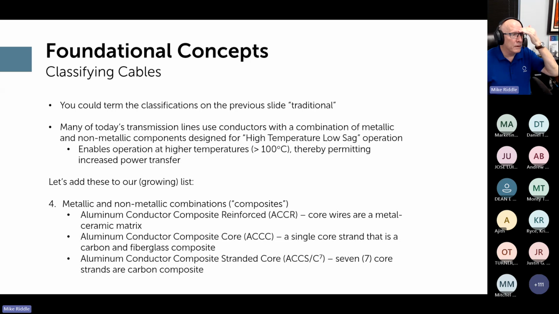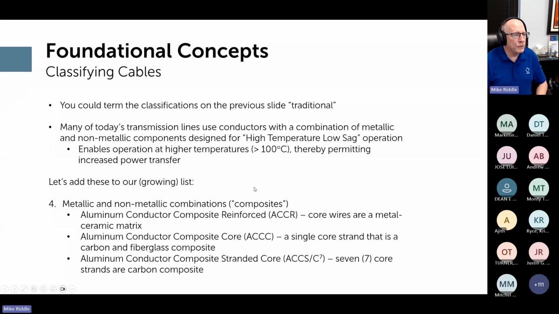Today, transmission lines and other aerial systems use conductors with a combination of metallic and non-metallic components designed for high temperature, low sag operation. It allows you to operate a transmission line at a higher temperature and thereby increase power transfer.